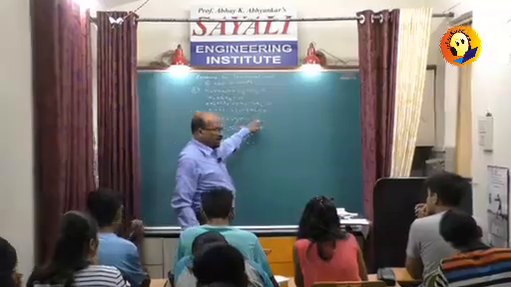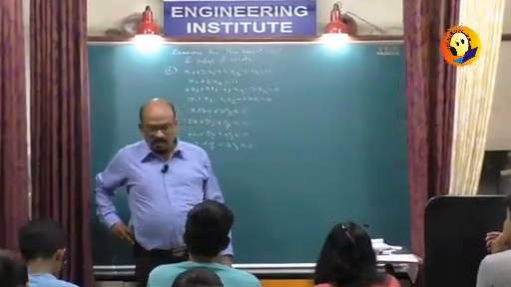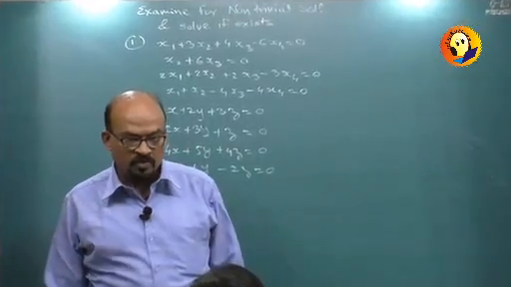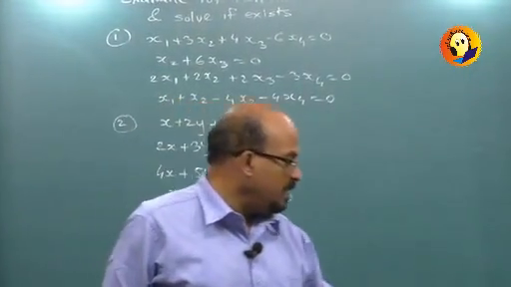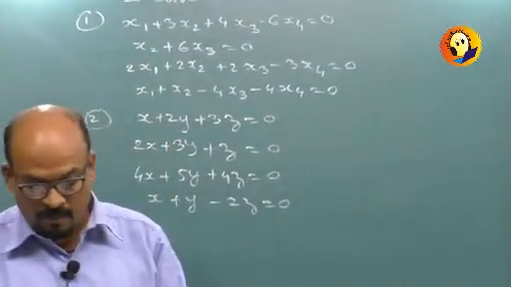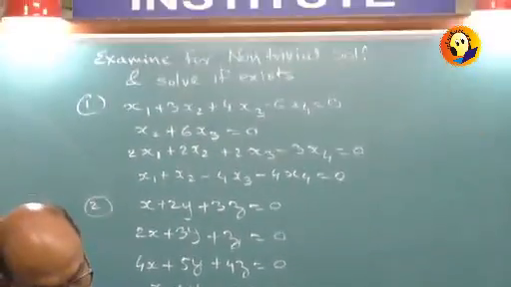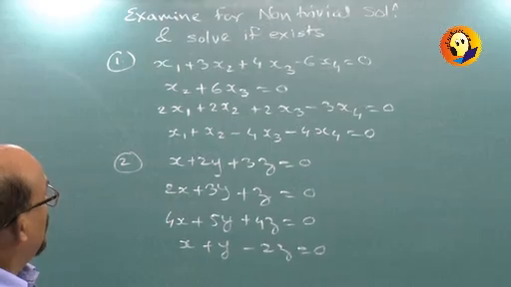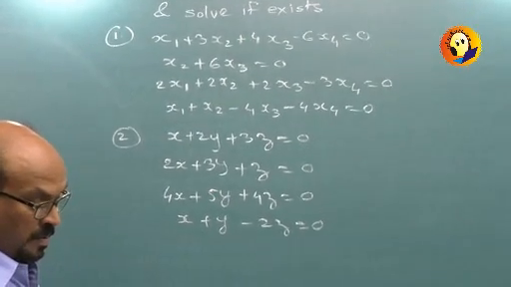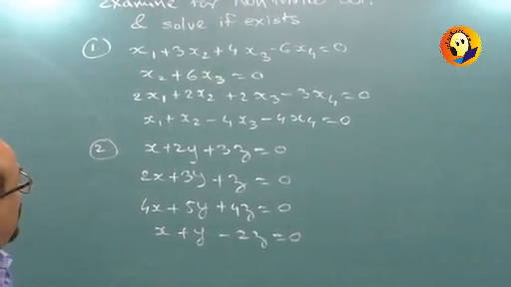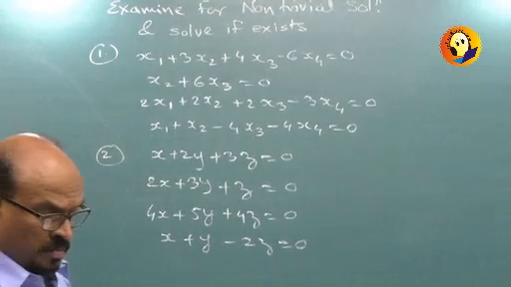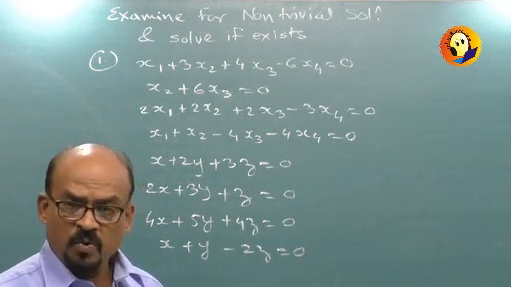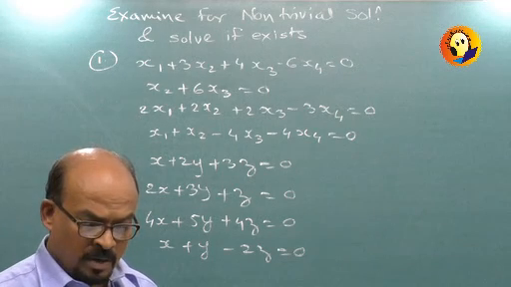Okay, so the first one is not trivial, right? And so we get the solution for it in terms of t. What is that? x1 is minus t, x2 is 3t, x3 is minus t by 2, and x4 assume to be t.